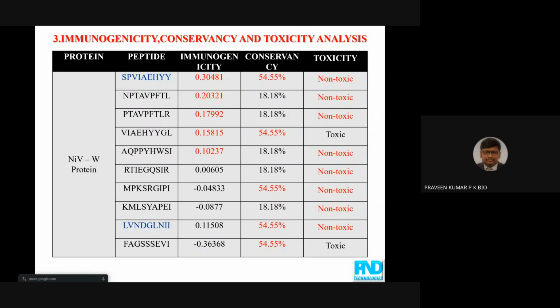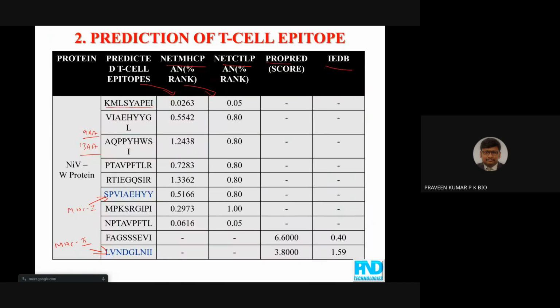The immunogenicity of this peptide for MHC1 shows a good, top score compared to the others. Other than immunogenicity, even conservancy is good, and it didn't show any toxicity. Because it shows significant results, and the scores from two different servers are not bad, I screened this as a base epitope.